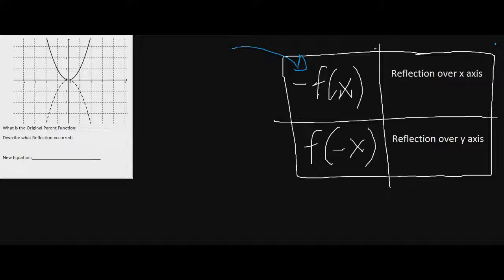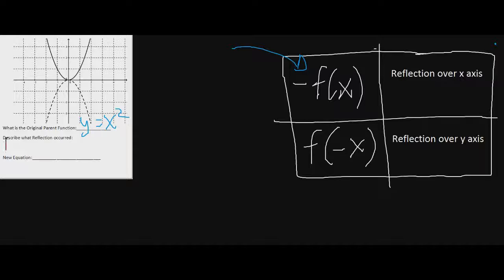The negative sign, we're multiplying the outputs by a negative, essentially a -1, but we don't write the -1, we just put the negative there. So when we go to do this, the first thing I want to do is write my parent function. Well, this is U-shaped, so this is like x squared. Describe what kind of reflection occurred.